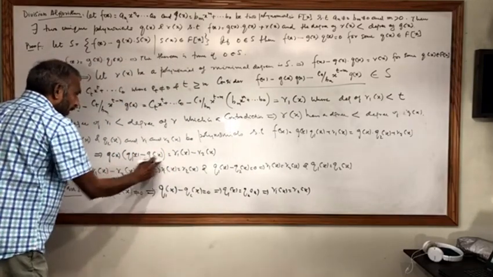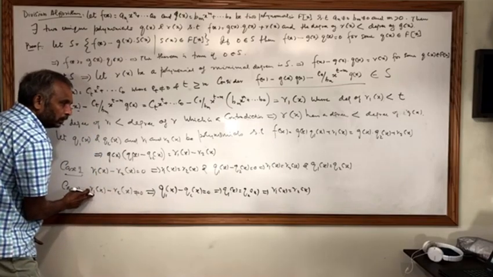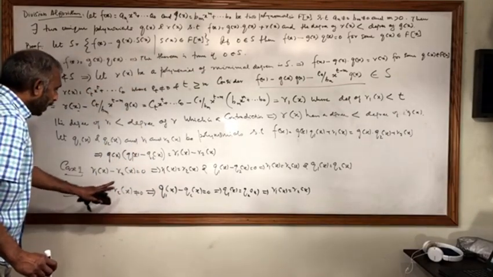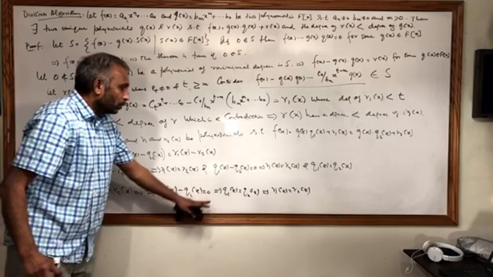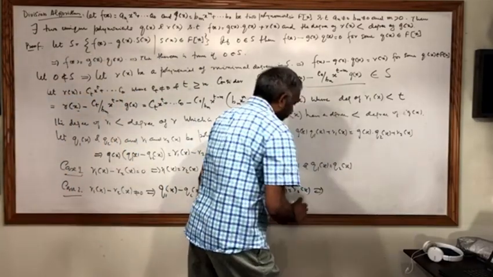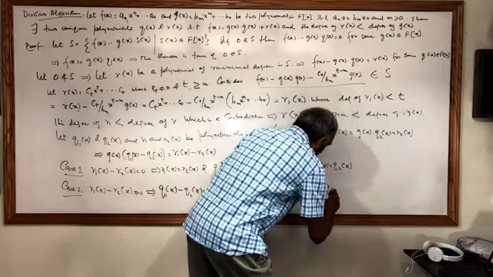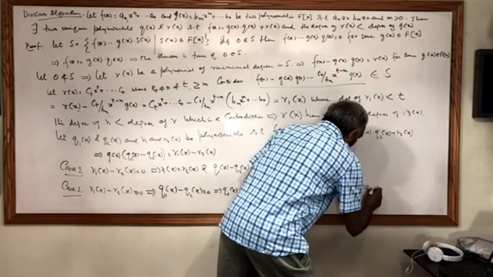The whole left hand side will become 0. So this is 0. So in either way, q1 is equal to q2 and r1 is equal to r2, and that shows the uniqueness of q and r. So q of x and r of x are unique.